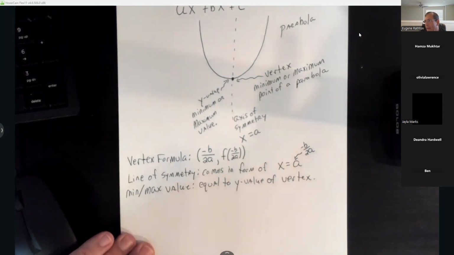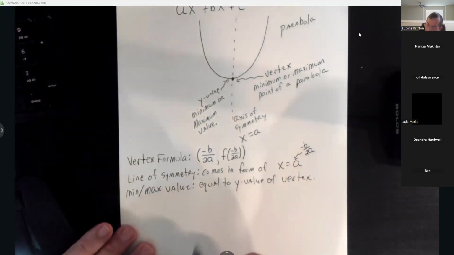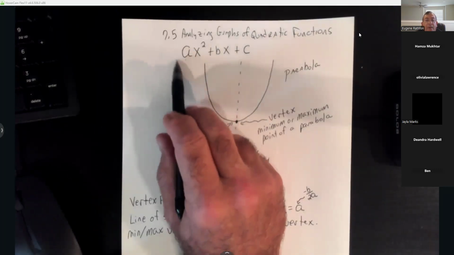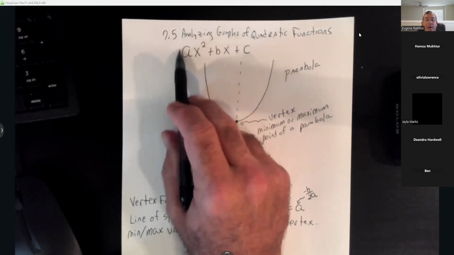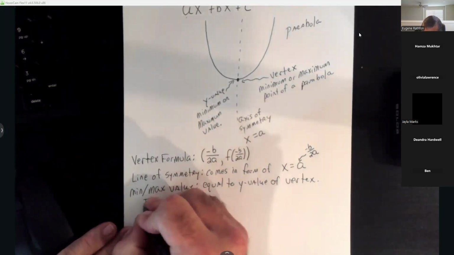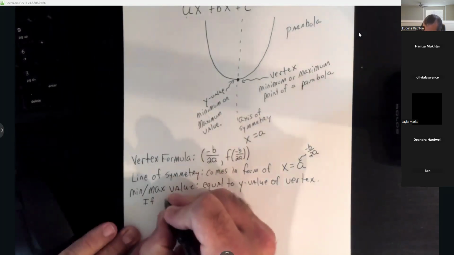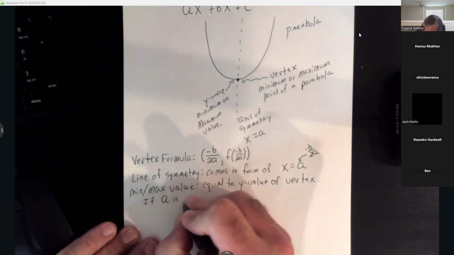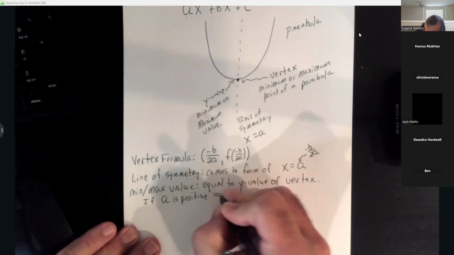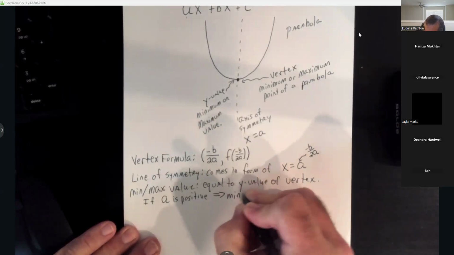Now, how do I know if I got a minimum or max value? I look at this a up here in front of the x squared term. Okay. So if the a is positive, then we will have a minimum.